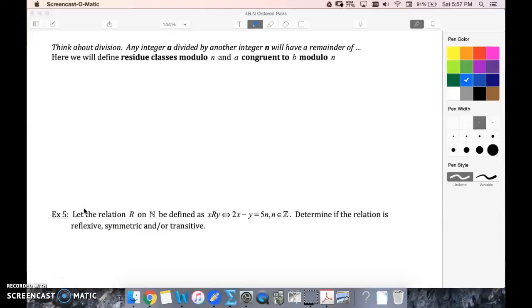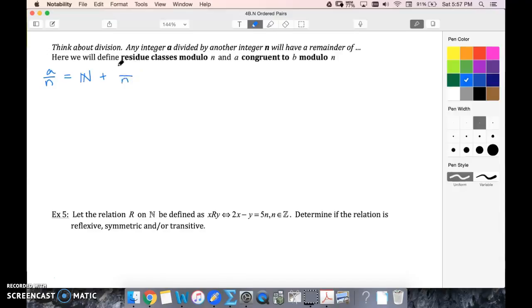Right, let's keep thinking about division here. So if I think about dividing by 3, any number that you divide by 3, either it's going to divide out perfectly and then would have a remainder of 0, or you're going to have a remainder of 1 or 2. Yeah? So any integer a divided by n is going to equal some sort of natural number plus some sort of remainder out of n.